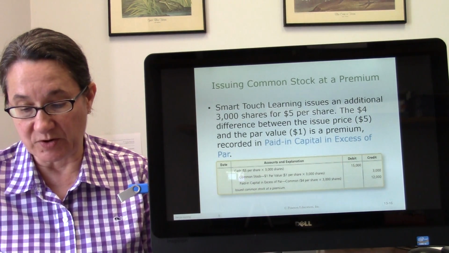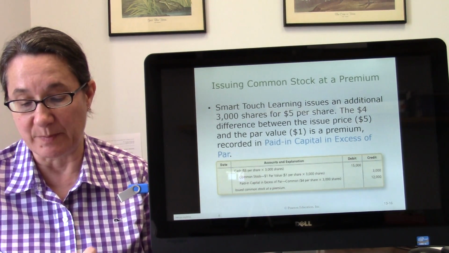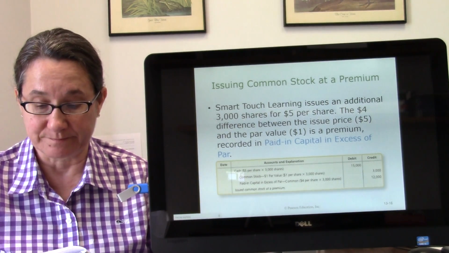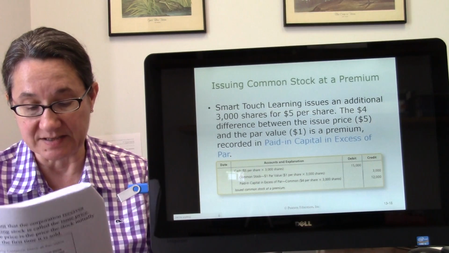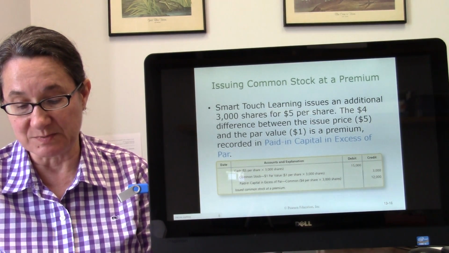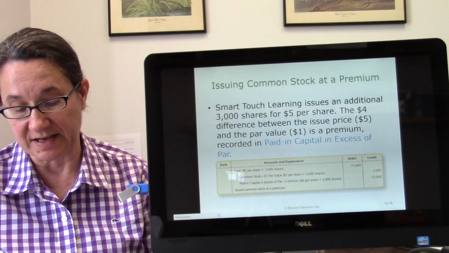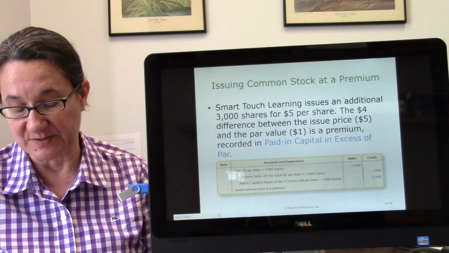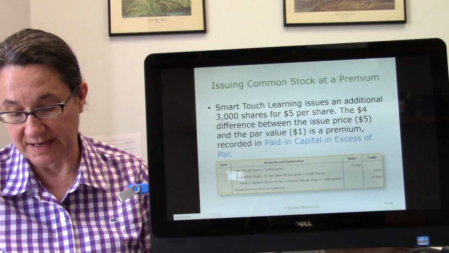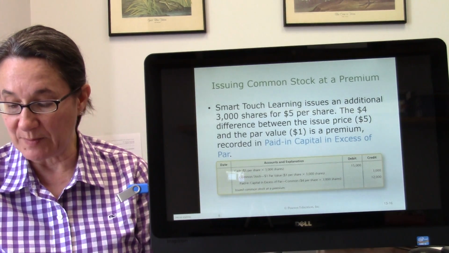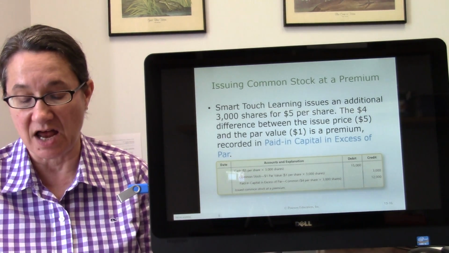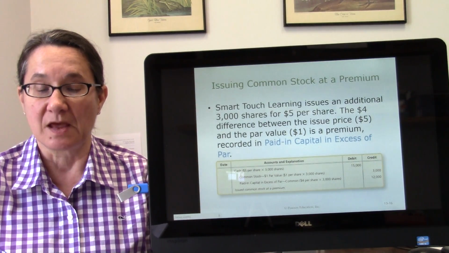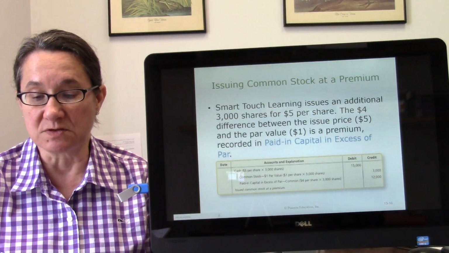So, as stated previously, most corporations set a par value low and issue common stock for a price above par. The amount above par is called a premium. Assume Smart Touch Learning issues an additional 3,000 shares at $5 per share. The $4 difference between the issue price and par value is a premium. The premium on the issue of stock is not a gain, income, or profit for the corporation because the company is dealing with its own stock.